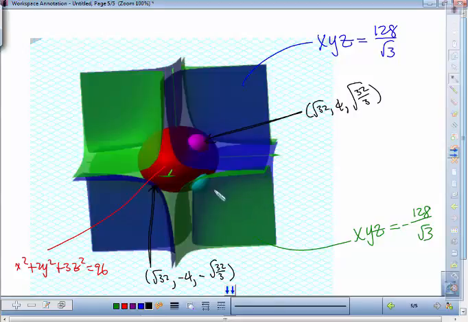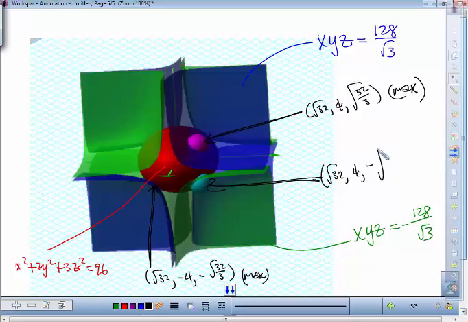So the minimum points, let's put max here. The minimum points happen at a sample point like this. It should happen at like 6 points or 3 points. This looks like it's going to be square root of 32, 4, and negative root 32 over 3. And this is a min.